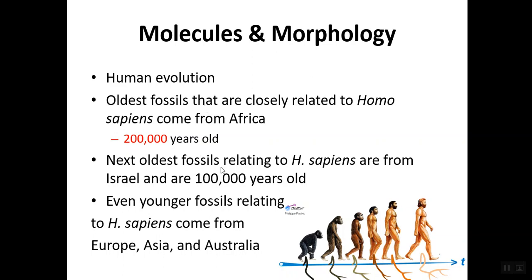The next oldest fossils relating to Homo sapiens are from Israel, and they are about 100,000 years old. And younger fossils have then been discovered in Europe, Asia, and Australia. We will talk about human evolution, Homo sapiens, where we come from, and all the major hominidae groups in the last lecture of this course.